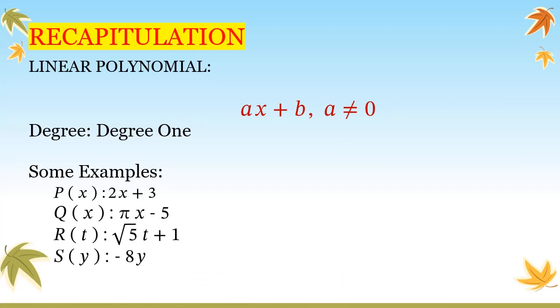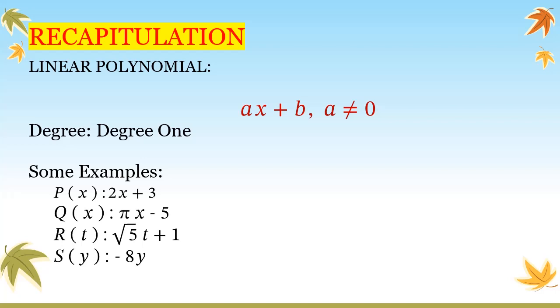Let's have a quick recapitulation of what a linear polynomial is. The general form of a linear polynomial is ax plus b, where a is not equal to 0. Now, my question: what will happen if a is equal to 0? Then the answer is, if a is equal to 0, the linear polynomial gets converted into a constant polynomial.